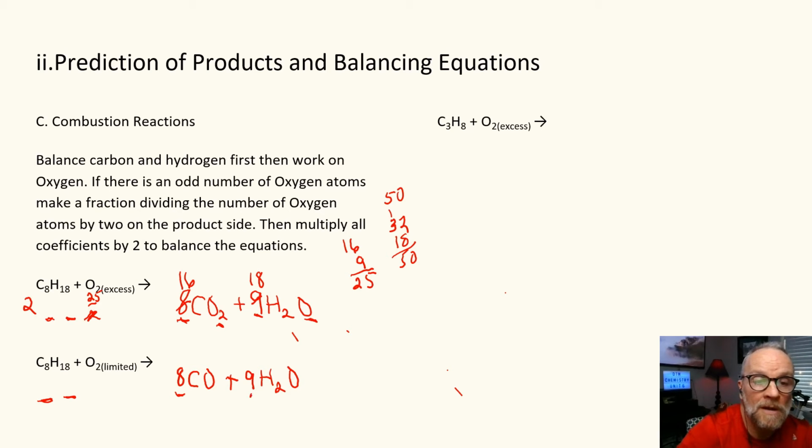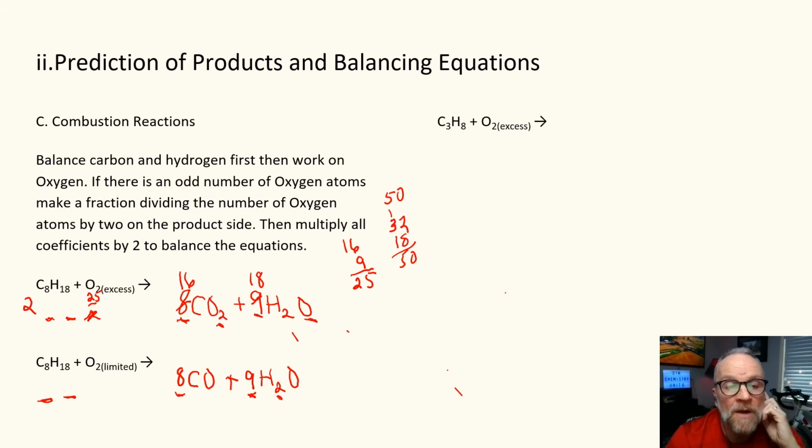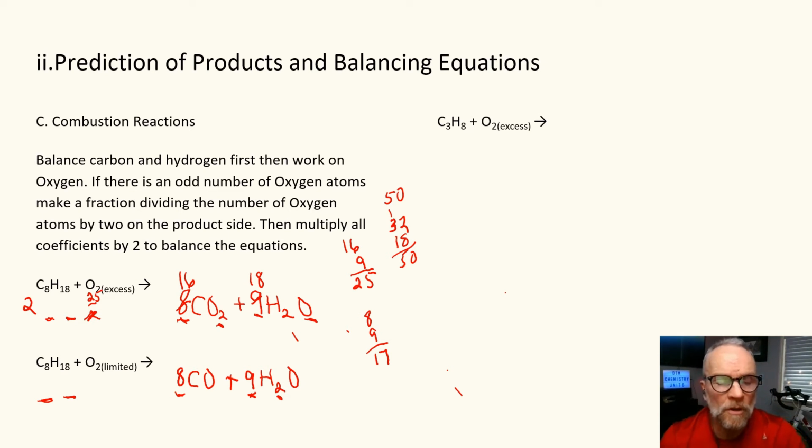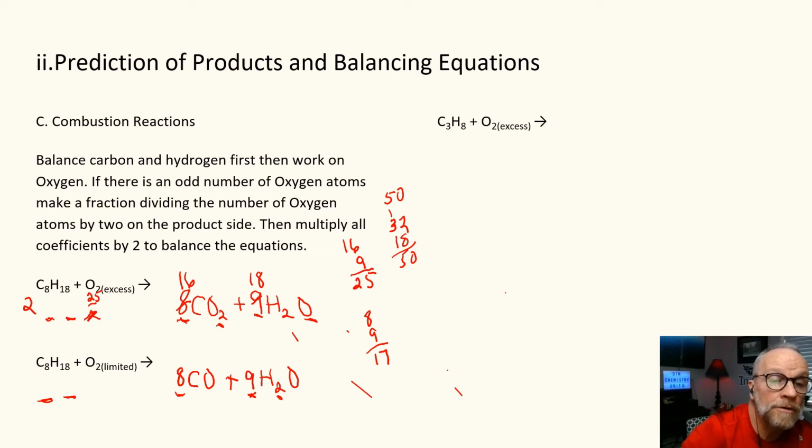All right, 9 times 2 will give us 18. And so now we've got to work on our oxygen. So 8 and 9 makes 8 and 8 is 16, and 1 makes 17, correct? All right. So now we'll do 17 over 2 and multiply through by 2.